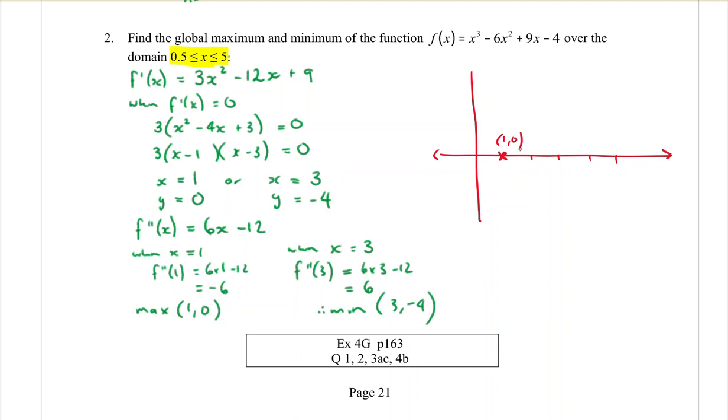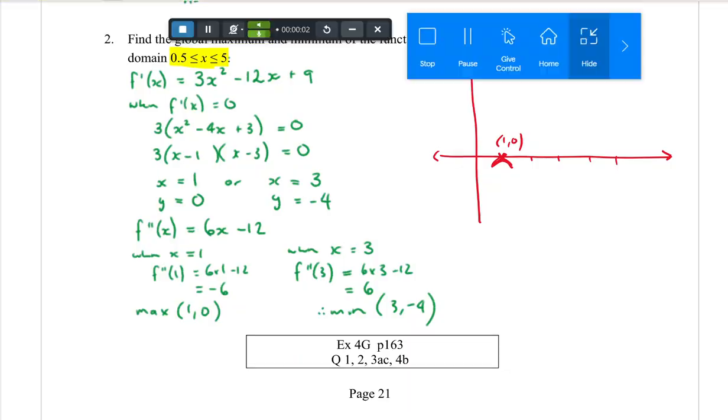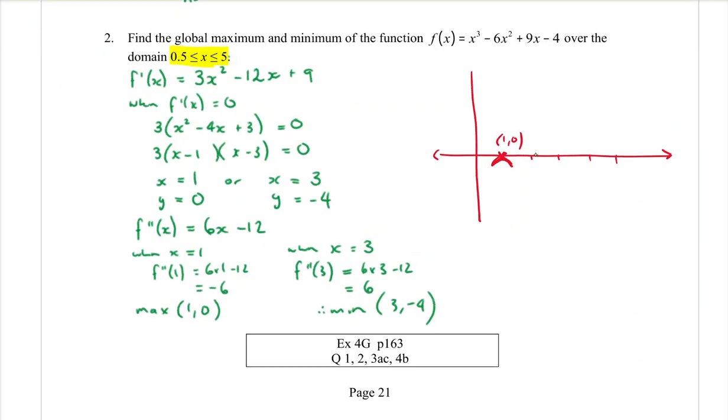That is my maximum. So you can even do a little part of the curve. You know it's going to have to curve around that way to be a maximum. The second point was 3, negative 4. So I'm going to put that down here. And that's going to be my minimum turning point.